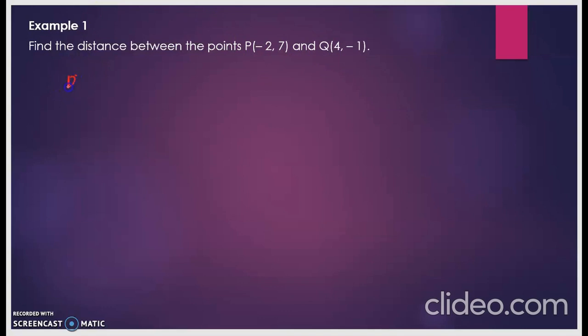Distance of PQ, where the formula is square root of x2 minus x1 squared plus y2 minus y1 squared. You can start by labelling the points: x1, y1, x2, y2.